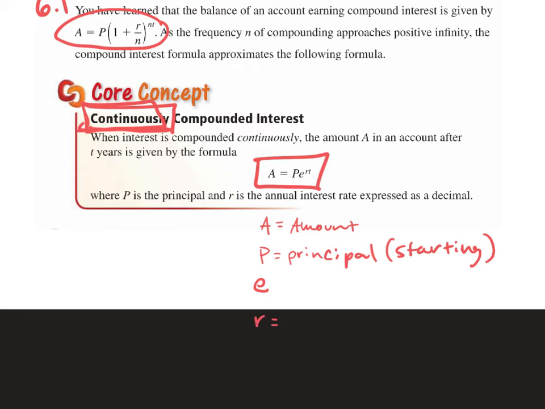R is our rate, always in the decimal form, and T is time. So the only thing that makes this different than what we did in 6.1 is if the problem says it is continuously compounded, we have to use our PERT formula.